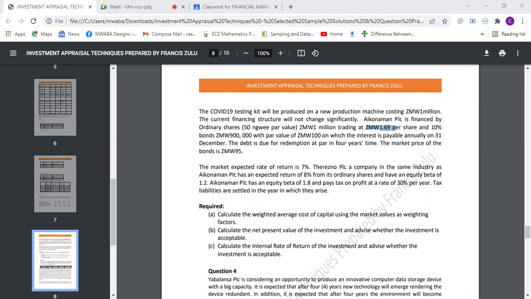So we're going to divide 3,380,000 by 1 million. What do we get? 3.38. And 855,000 divided by a million should get 0.855.